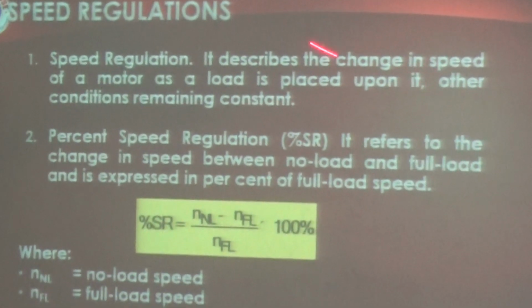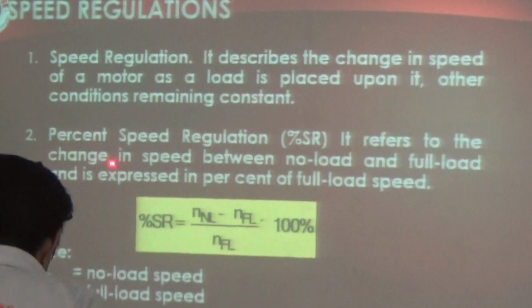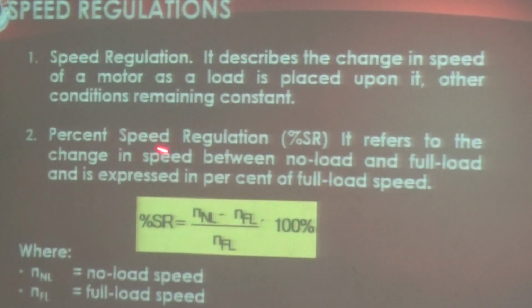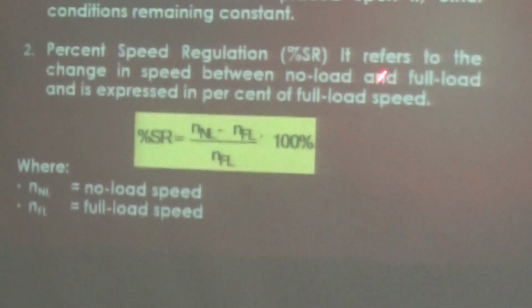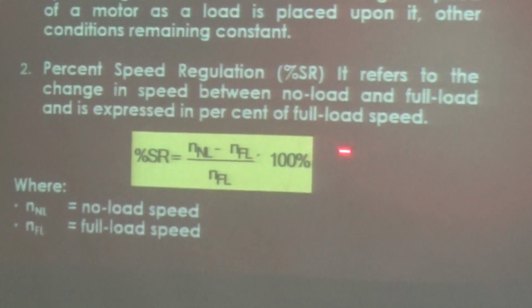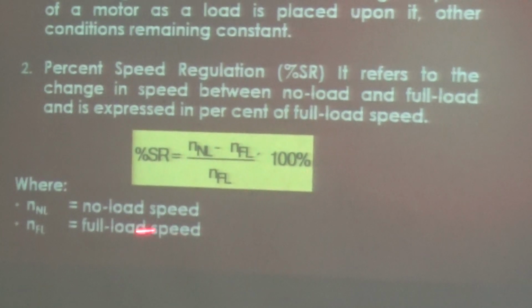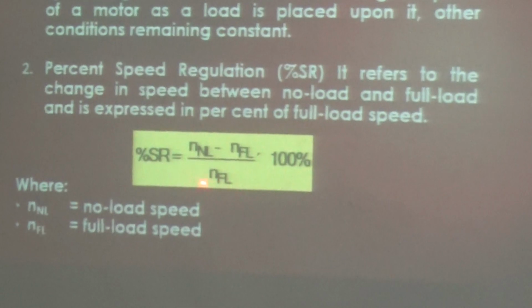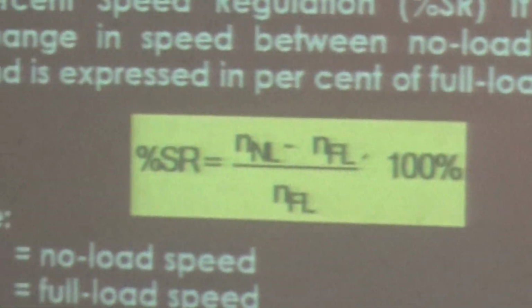The percent speed regulation refers to the change in speed between no load and full load, and is expressed in percent of full load speed. So that is the formula: speed at no load minus speed at full load divided by speed at full load times 100%.